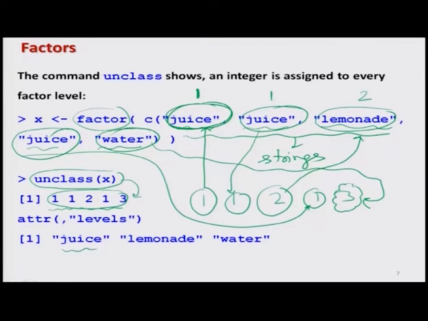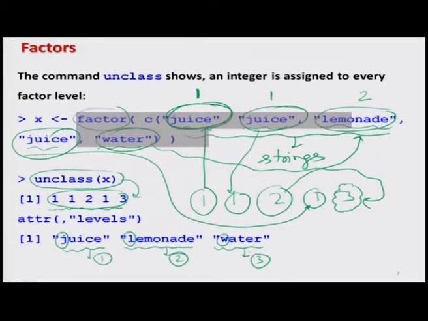So, juice is coming at the first position, lemonade at the second position and water at the third position, because juice starts with J, lemonade starts with L and water starts with W. So, they are in alphabetical order, and R has automatically given them numbers in the same order starting from 1. So, juice has been given the code 1, lemonade the code 2 and water the code 3. So, that is the use of the function unclass. Let us try to do it over the R software.